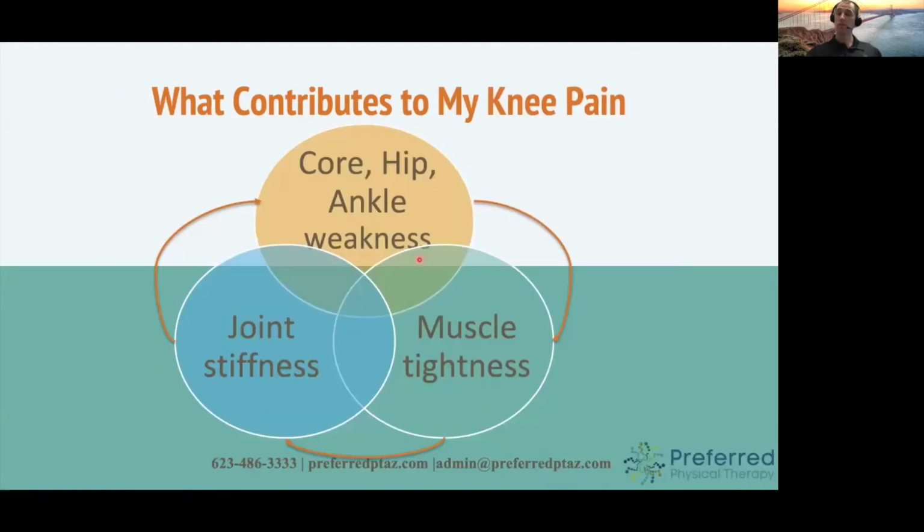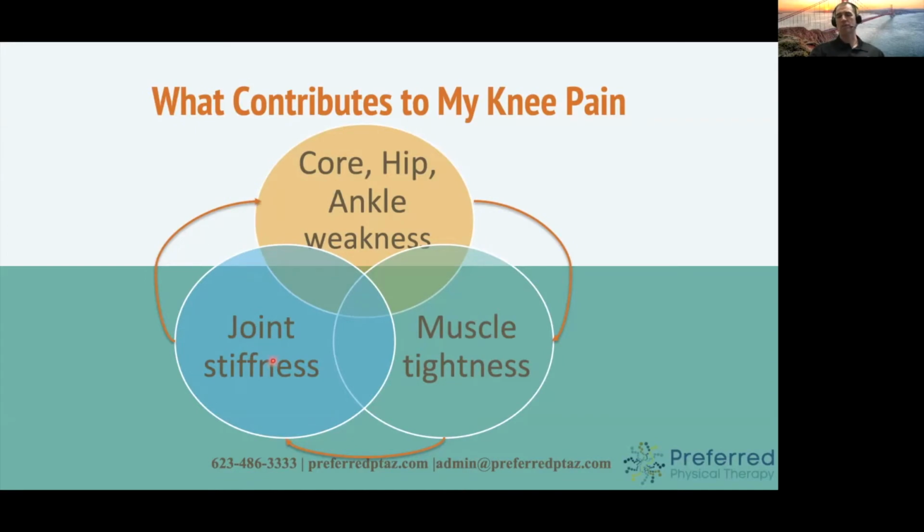And so other things that contribute to knee pain, going into how hip, core, and ankle weakness, stiffness can correlate. That muscle tightness causes more compression, more of this compounding or compressive forces across a joint, that leads to more joint stiffness. Anytime we're dealing with joint stiffness, we're now dealing with an accelerated rate of arthritis.